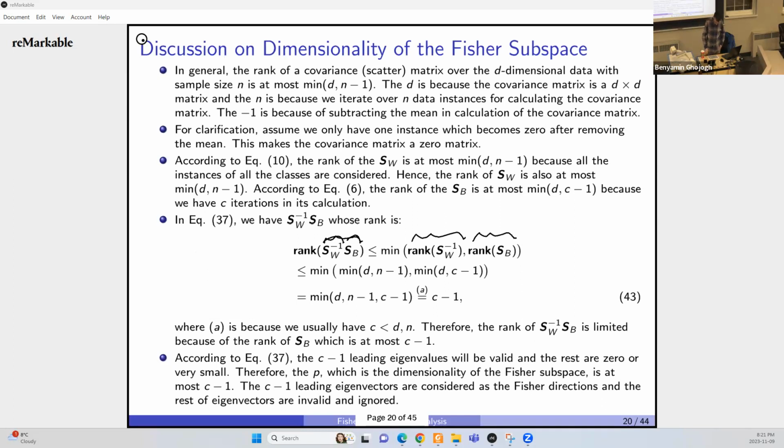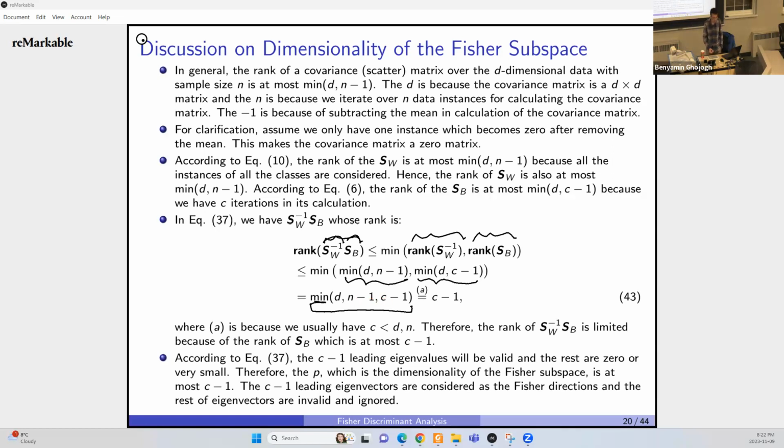So as a result, SW is d by d, but I also said that the rank of a covariance matrix is n minus 1. So its rank is the minimum of d and n minus 1, right? The rank of SB is the minimum of d and C minus 1. Why? Because the summation in SB was over the classes, so C minus 1. But the summation in SW was over the data points. Now the rank is the minimum of d, n minus 1, and C minus 1.